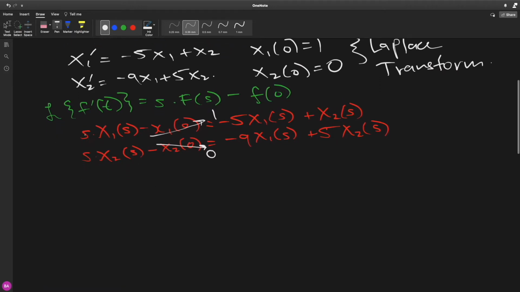So from these two, if you want to solve for x1s and then x2s, we have... or actually, just to make this a little bit easier, we can write s plus 5 x1s.